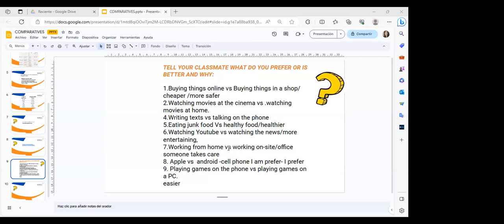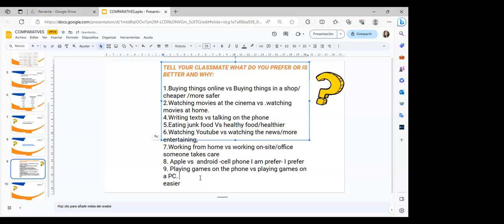How would you say that in English? Then the charge it. The charge. Okay, the charge.